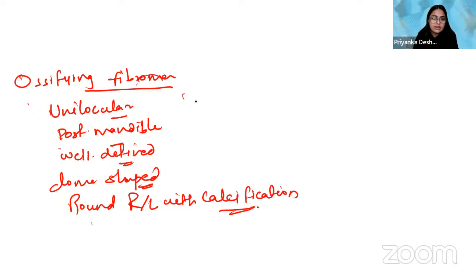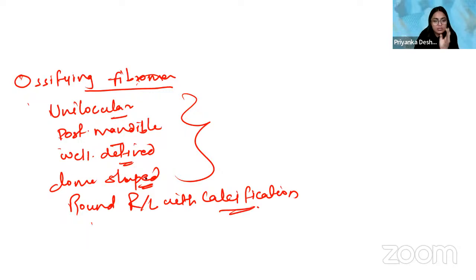So these are some points differentiating it from fibrous dysplasia. Fibrous dysplasia occurs in the maxilla with unilateral involvement. Ossifying fibroma is in the posterior mandible, also unilateral, but it will be well defined, whereas fibrous dysplasia will have a blending border. You will not be able to differentiate the normal bone from the abnormal bone.